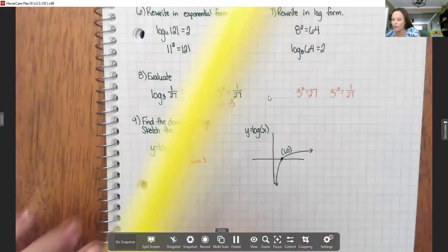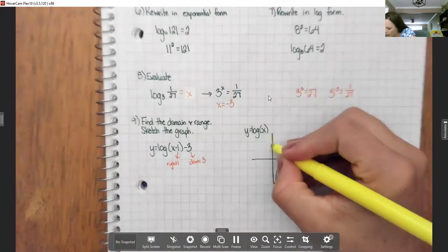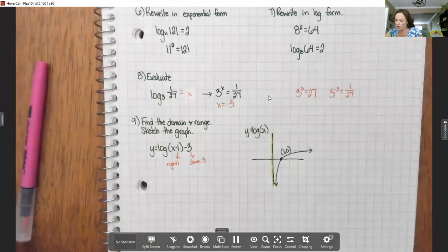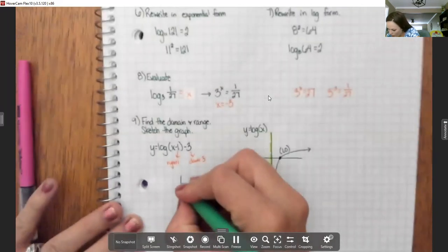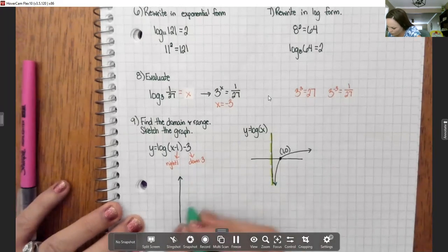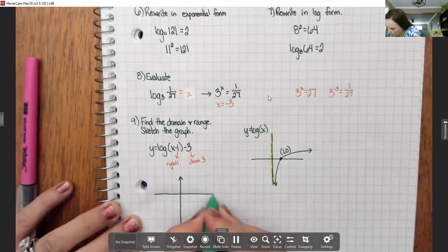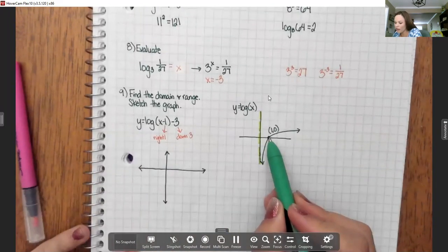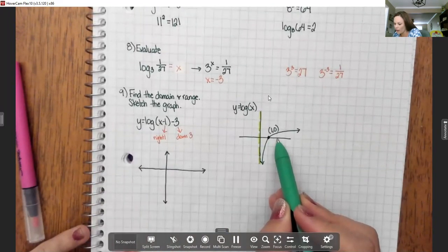On this graph, we also know we have our asymptote here at the axis. So this point is going to go right 1 and down 3.